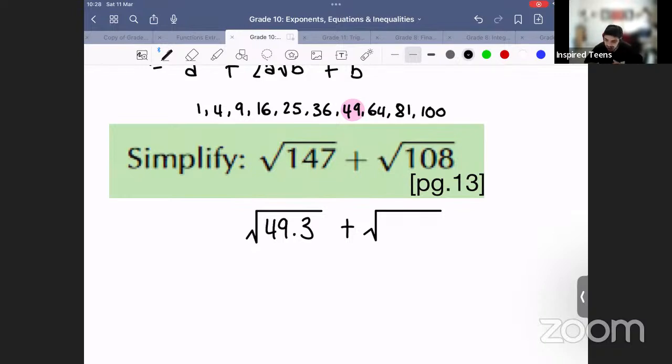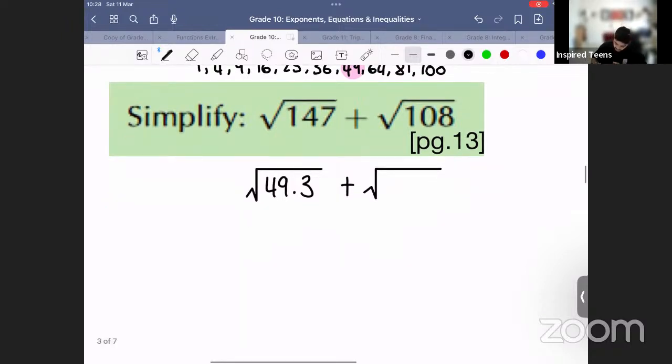Okay, you can even choose 9. Right, 9 is a perfect square that goes into 108, but it's not the biggest. Okay, 36 is the biggest. So you can write this as 36 times 3. Now it's easy to simplify.